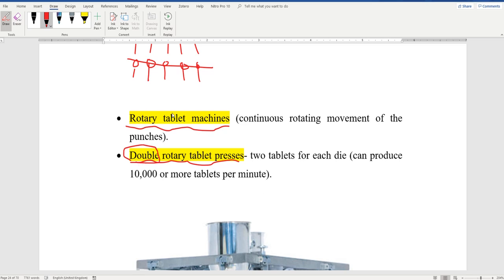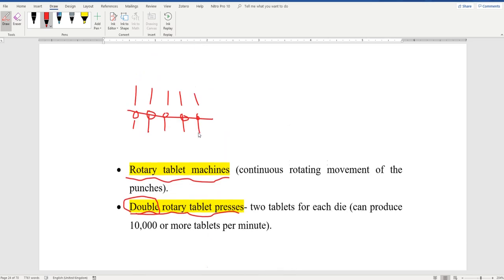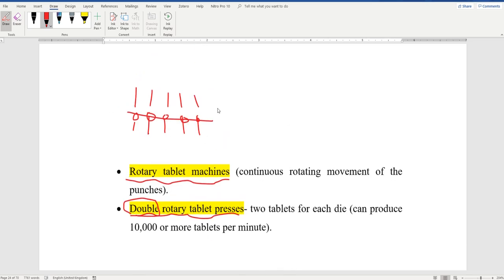For the rotary tablet machine, you have one hopper with a feeding shoe and sets of dies and punches. In the double rotary tablet press, you have two hoppers in the same rotation.